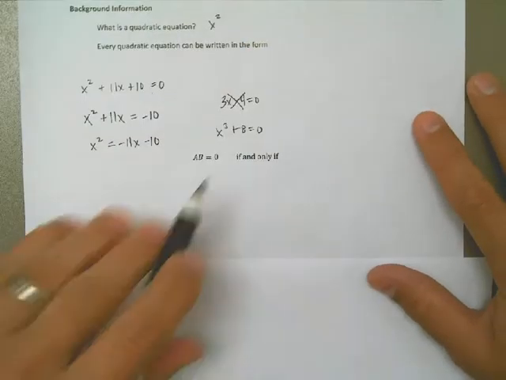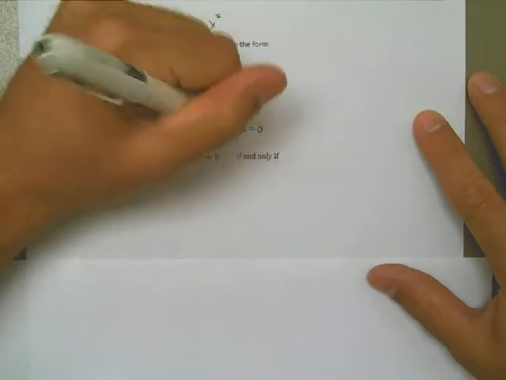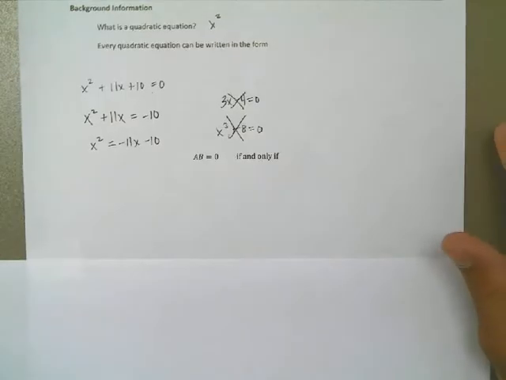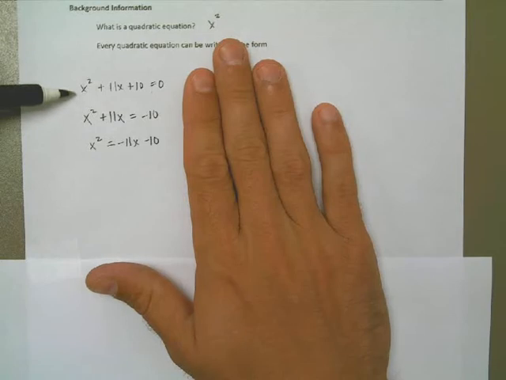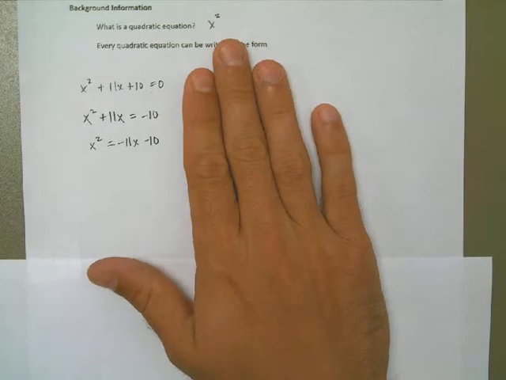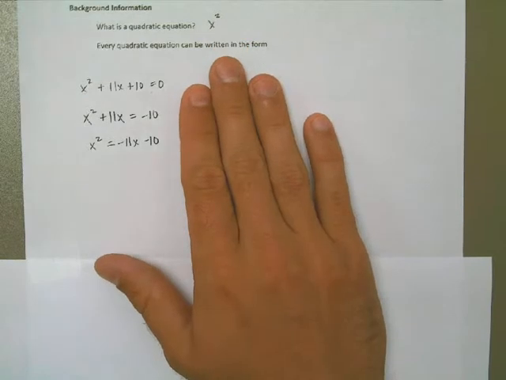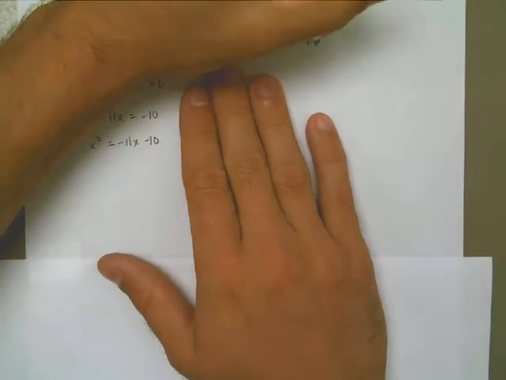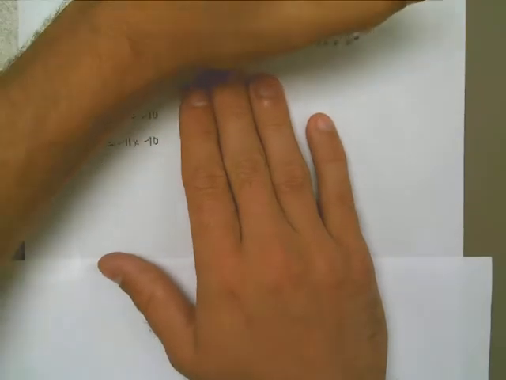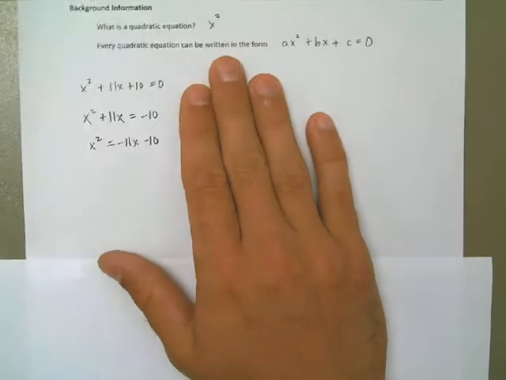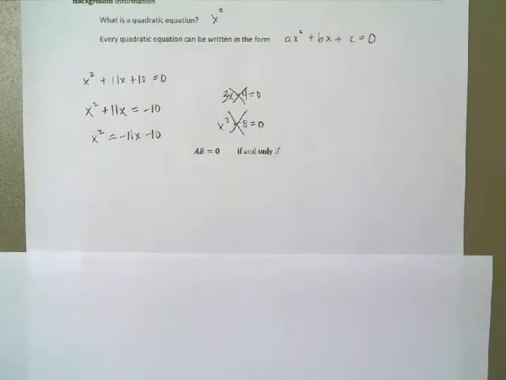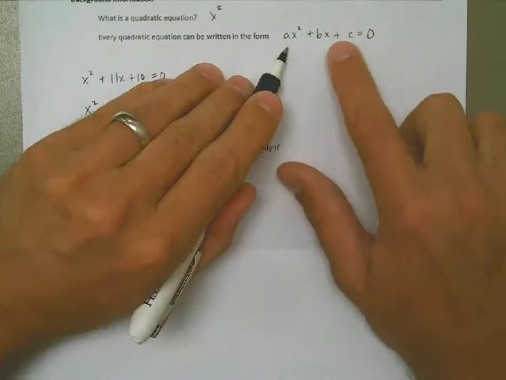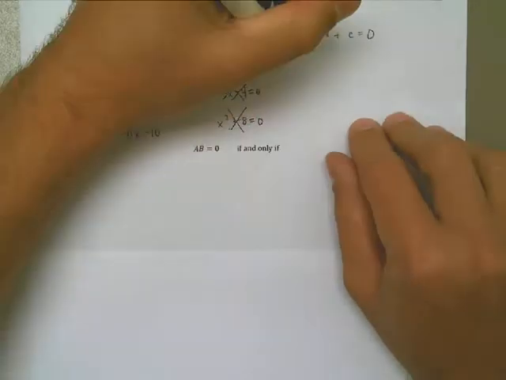But basically, no matter what kind of quadratic equation we have, it has an equal sign and an x squared, they can all be written in the same form. This is the general form of a quadratic equation. It's going to be written like this: ax squared plus bx plus c is equal to 0. All that's saying is a, b, and c are numbers. So maybe we have 2x squared plus 3x minus 4 is equal to 0.